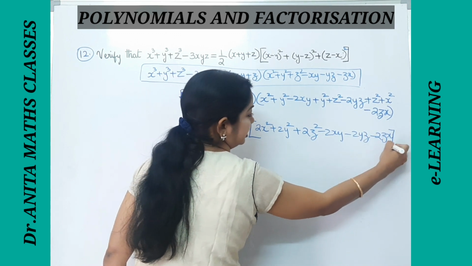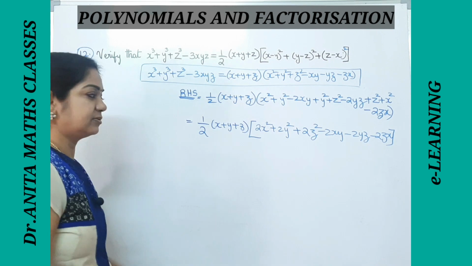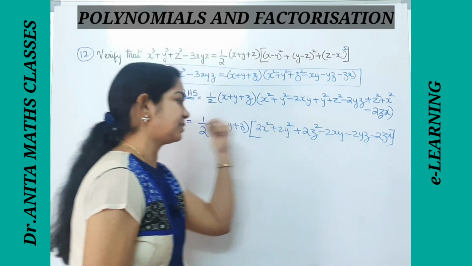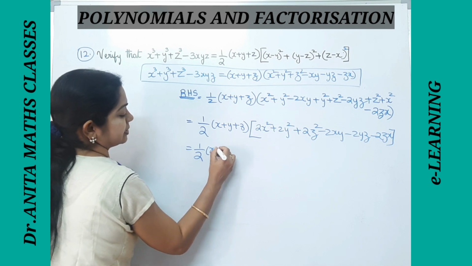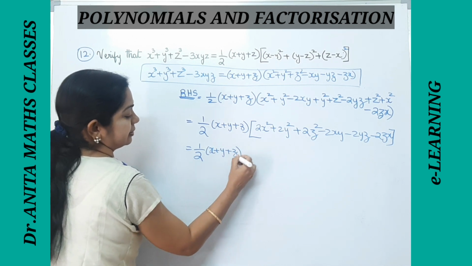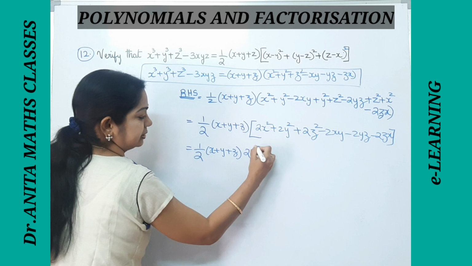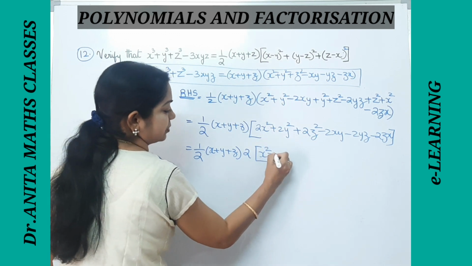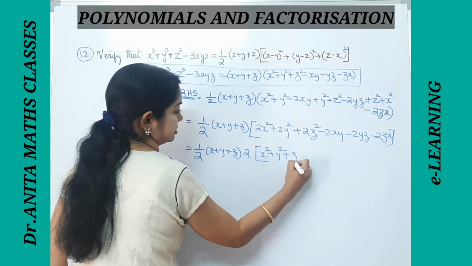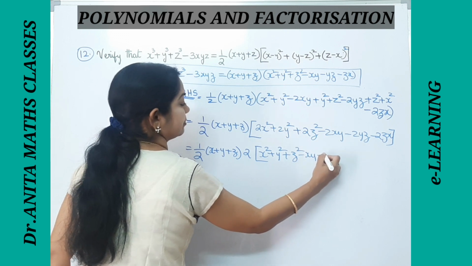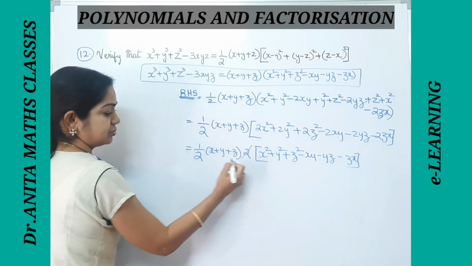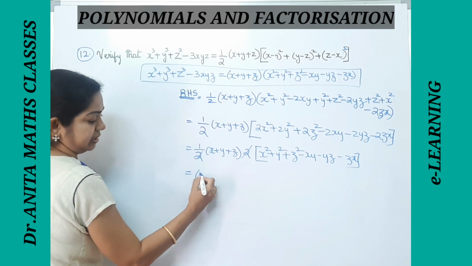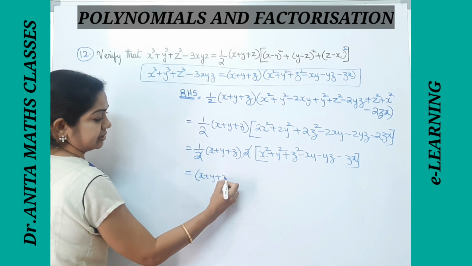So if you see clearly, you can take 2 common from this bracket. So 1 by 2 x plus y plus z. If I take 2 common here, this remains as x square, y square, z square minus xy minus yz and minus zx. So this 2 and 2 get cancelled, so the remaining is x plus y plus z.